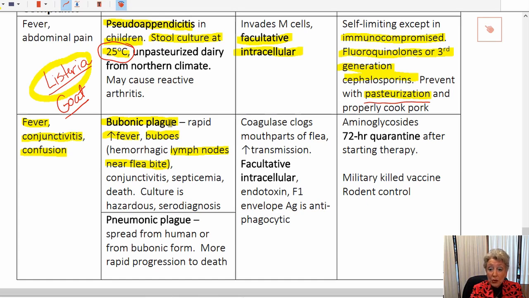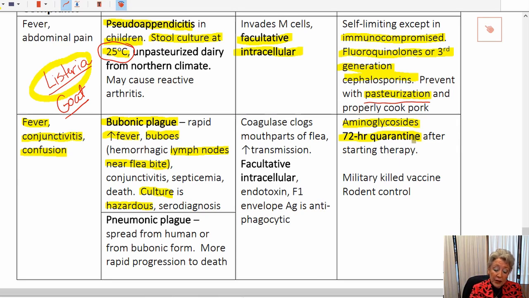It is our last one on the bioweapon watch list. Remember, Brucella and Francisella and Yersinia are all extremely easily transmissible and potentially transmitted accidentally in the laboratory. This is a fatal disease before the advent of antibiotics, so need to rapidly treat with aminoglycosides and a strong 72-hour quarantine after the starting of therapy.